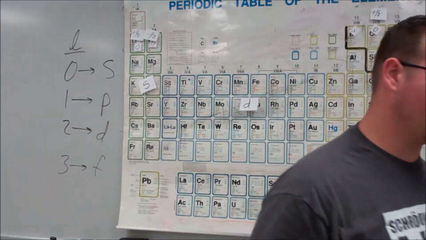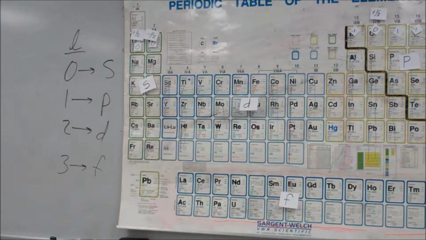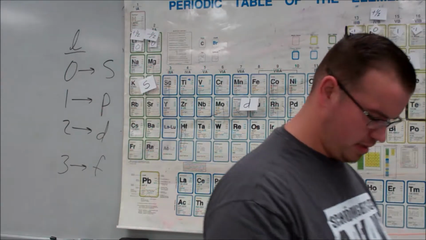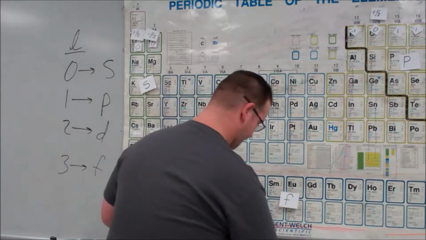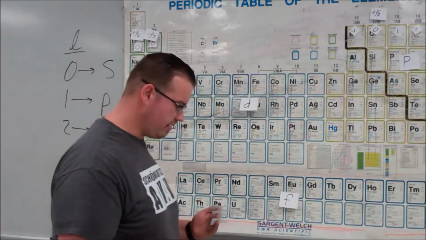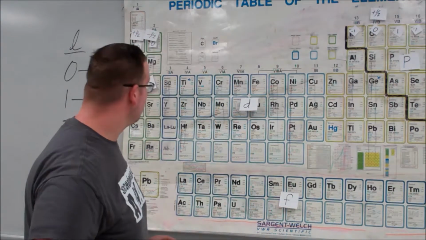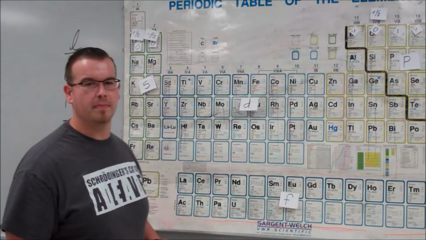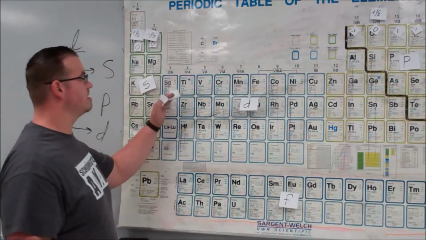Let's go to the D block. Hopefully you remember you have 5 orientations. D block starts in column 3.